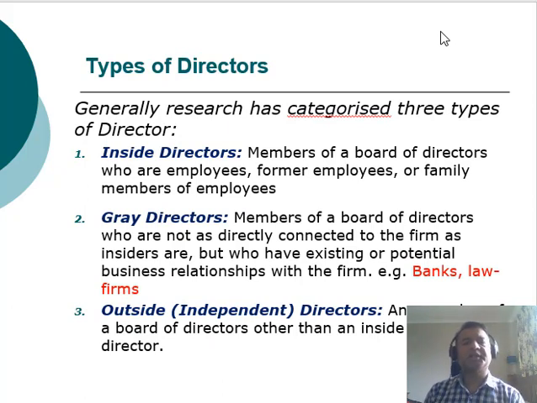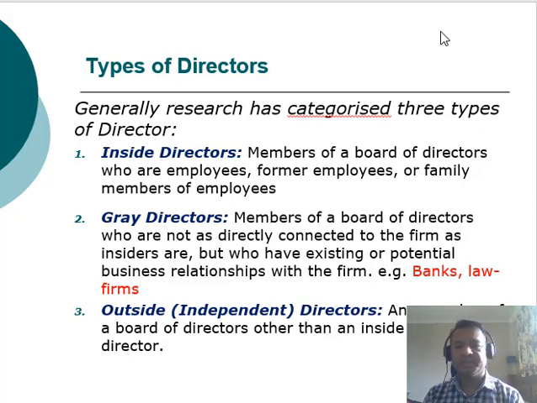So what are the types of directors that we can see on the board of directors? Generally, research has categorized three different types of directors. Number one is the inside director, number two is the gray director, and number three is the independent director. Number one, inside directors are members of a board of directors who are employees, former employees, or family members of the employees.